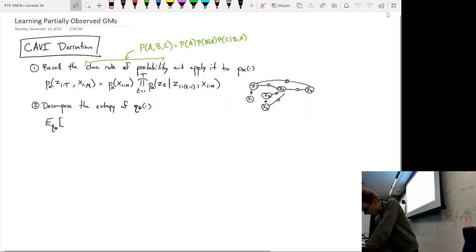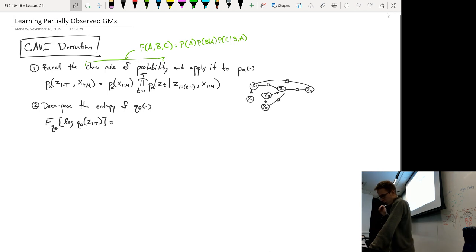Okay, so this is the entropy, which is going to be q theta of z 1 up to t. And so this entropy, because of the actual form of the mean field approximation itself.